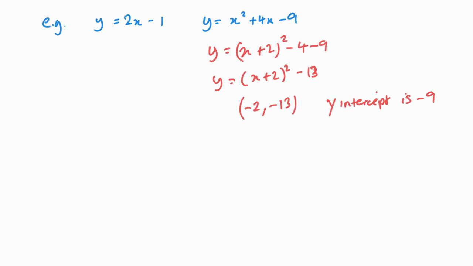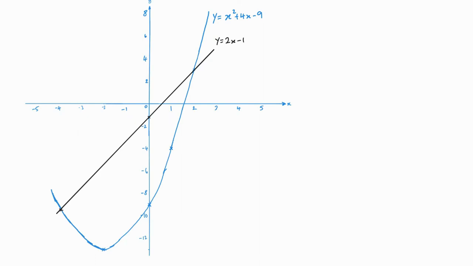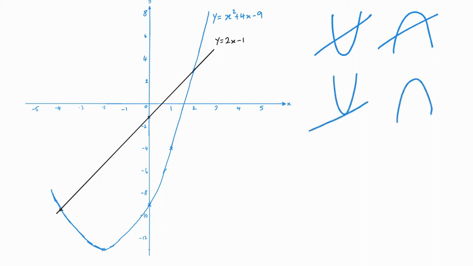Now let's have a look at what the graphs look like. Here we have both of our graphs, and as you can see there are 2 points of intersection. Now when I have a quadratic graph and a linear graph, I can have 2 points of intersection as here, where there's a positive or a negative x squared graph, and I could have 1 point of intersection, where it just touches the turning point on the x squared graph, or I could have them miss the graph completely.